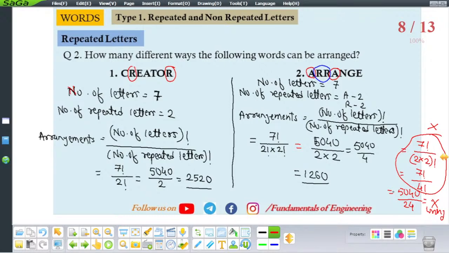So if you solve using this method, your answer will be wrong, and if NAT type questions come, even if you get all the other points correct, your answer will be wrong. So this is the correct answer, 1260. So 2 factorial into 2 factorial we have to take.